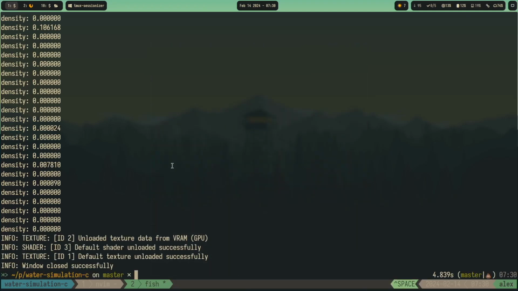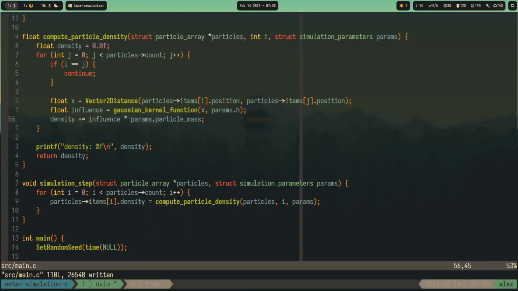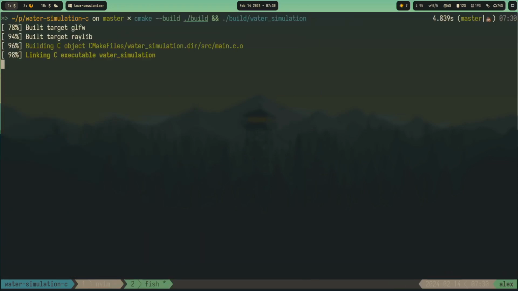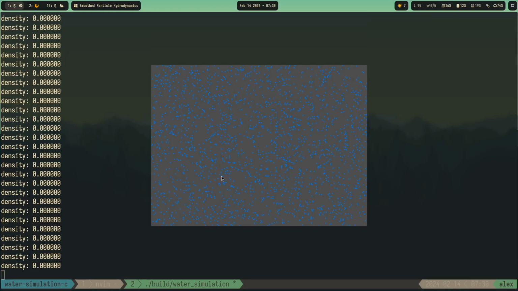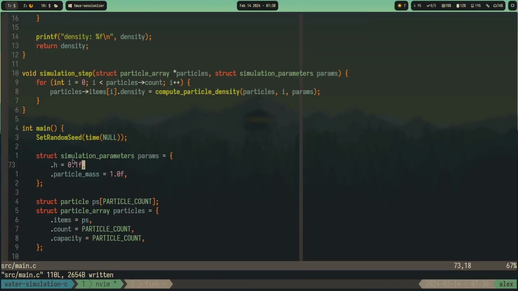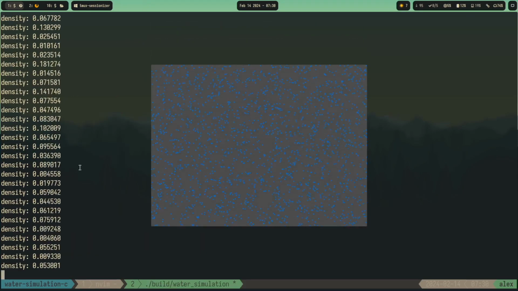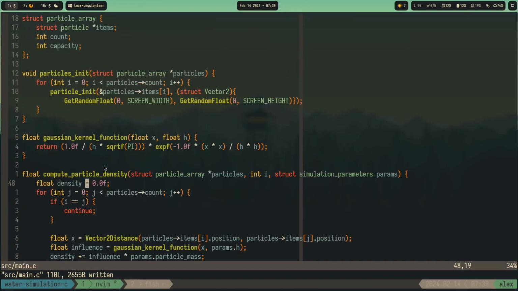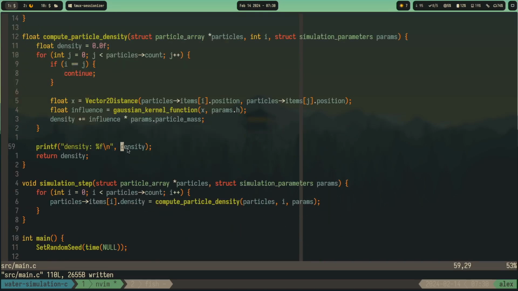Let's try to use a different H. So I saw that with a smaller H, it should increase the... or should it be larger H? Yeah, with the larger H, it actually makes more sense. Okay.